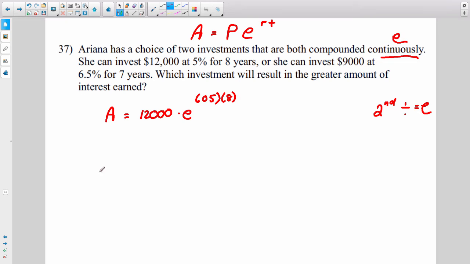Or she can put 9 grand in at a different percentage rate, 6.5%. So that's 0.065 for 7 years. The question is, which investment will result in more cash?